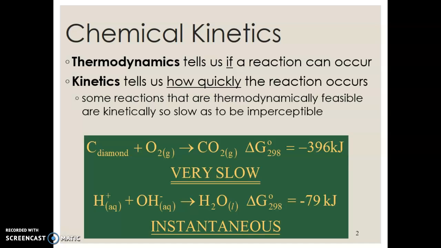So it is a very, very slow reaction. However, if we have hydrogen ions and hydroxide ions, combining those is instantaneously going to form water. Both of these reactions are favorable. As you can see, delta G is negative, but we would only be able to view the water formation one.